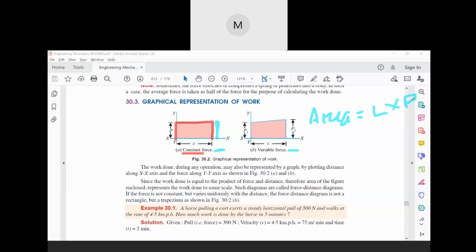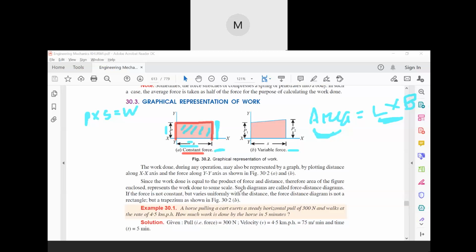Here if you see this rectangle, one side is S and one is P. If you take L to be P and B to be S, then if you multiply P into S, we get the work done. So this area gives the work done. Similarly, the area of this graph is known as the work done.